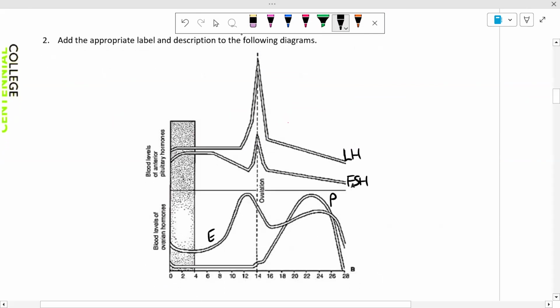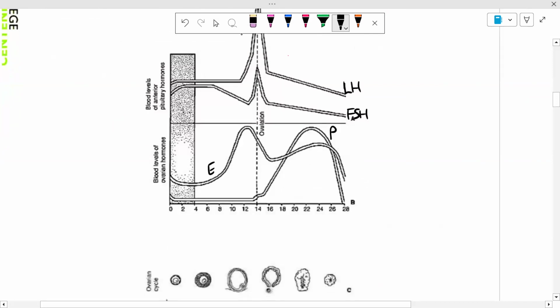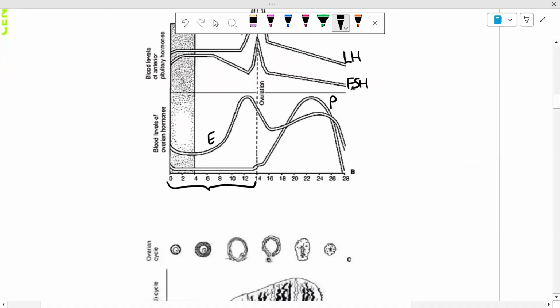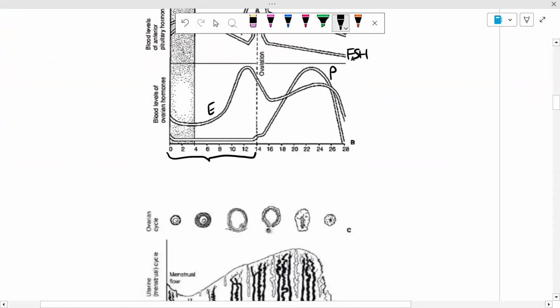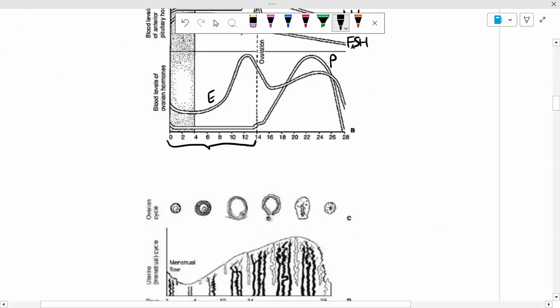28 days, first 14 days. What do we call the first 14 days? Come on, you remember. Follicular phase. That's right. So you can see the follicle is growing, growing, growing.